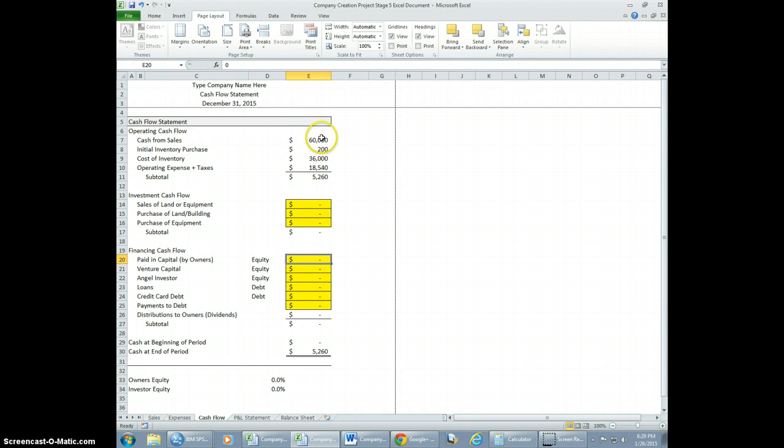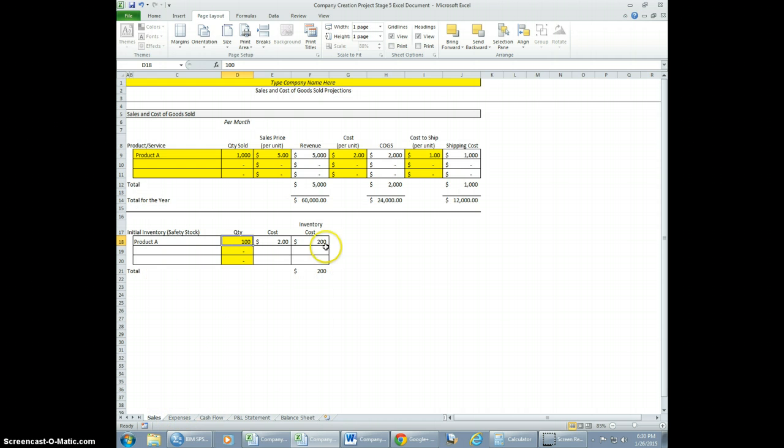You'll notice this $60,000 equates to the value of $60,000 right here. So it's how much cash is coming into the company as a result of the sales that you identified in terms of the quantity that you were anticipating selling and the price that you were selling it at.